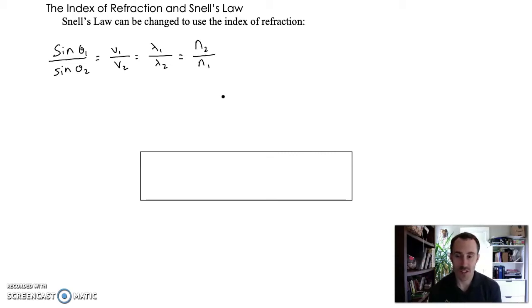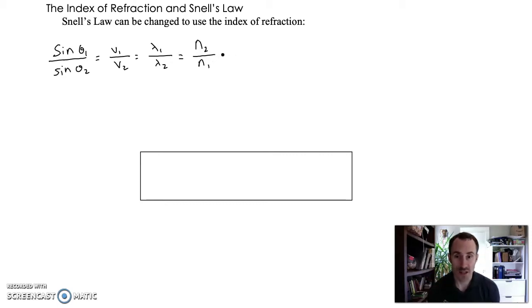So take note, this is angle 1, the incident angle, divided by the refracted angle, or the sine of those angles. Incident speed divided by refracted, incident wavelength divided by refracted. Refracted index divided by the incident index. It's flipped upside down.